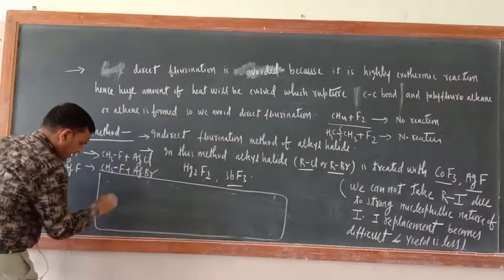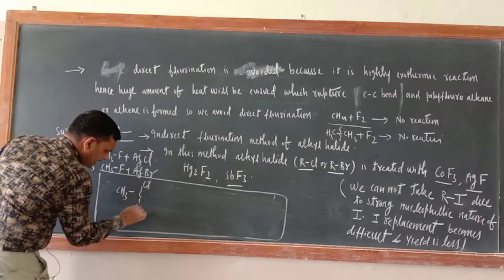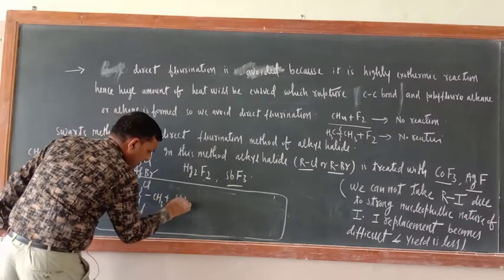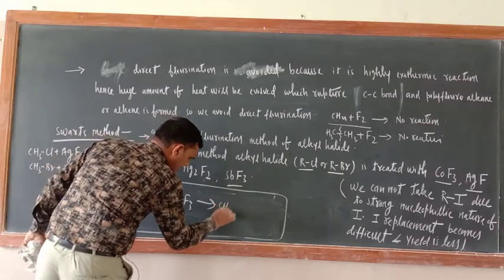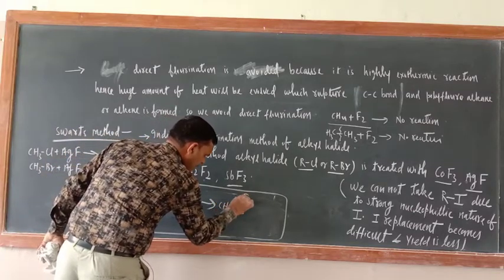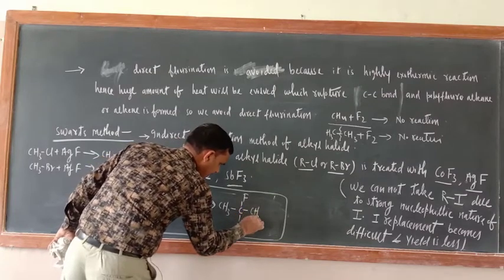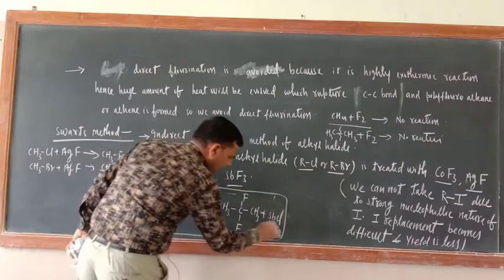Just see. Take this compound, CH3-CCl2-CH3. Treat this one with SbF3. So what is the product here? CH3-CF2-CH3, plus SbCl3.